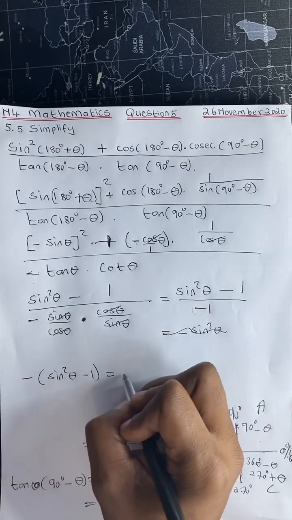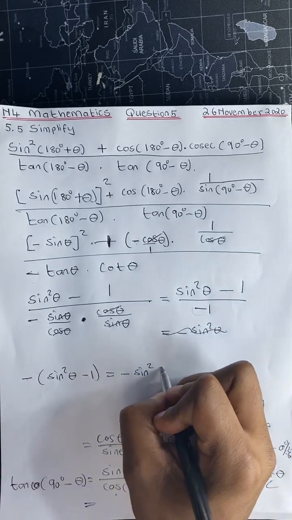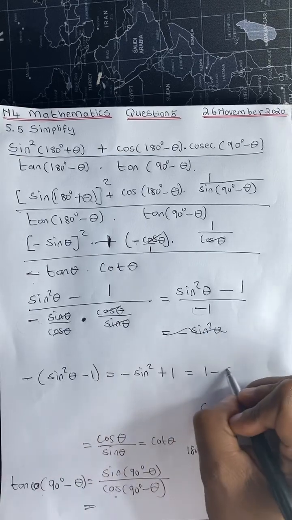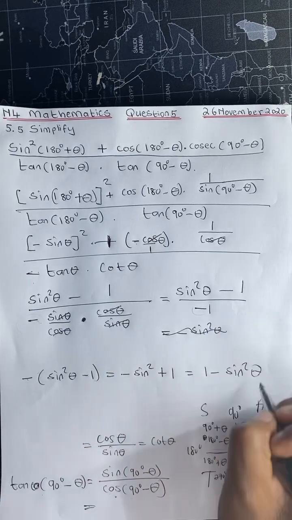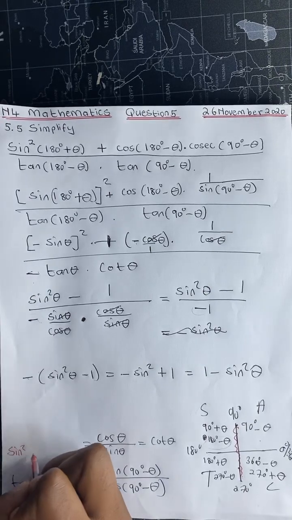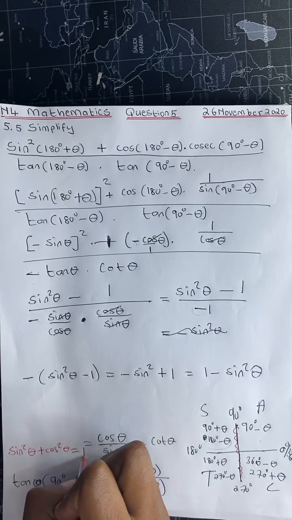So this multiplied by this will be negative sin squared theta, and this multiplied by that will be equal to positive 1. So this is the same as 1 minus sin squared theta, and we are simplifying, right? So we know that sin squared theta plus cos squared theta is equal to 1.